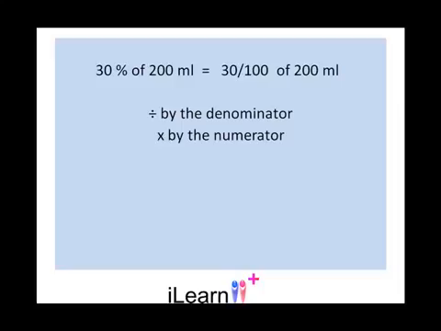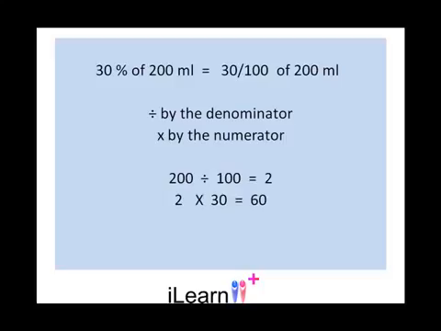So, we will divide 200 by the denominator. The denominator is 100. 200 divided by 100. That's 2. Now we need to multiply this by the numerator.